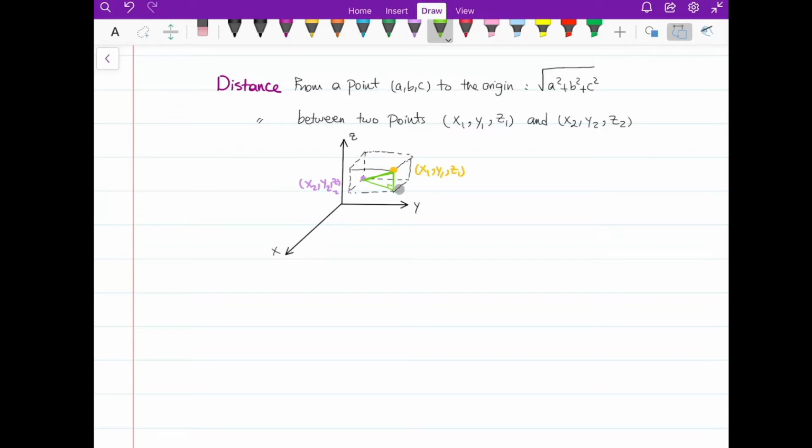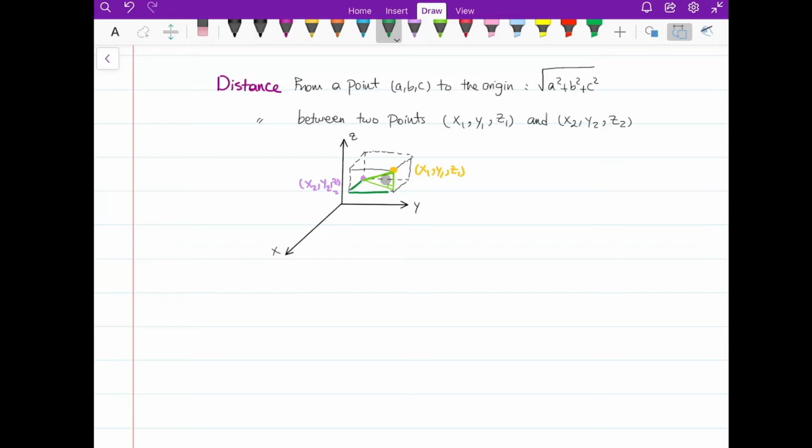This length would be the difference between the heights of these two, z2 minus z1, and this length using the other right triangle, this one and that one, is the difference between the first coordinates and the difference between the y coordinates.